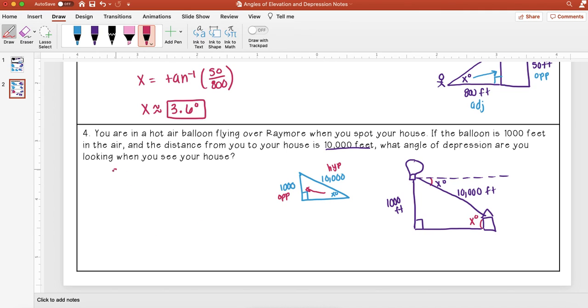So that means I want to use SO here. So I'll have sine of my angle, which I don't know, so it's just labeled as x. It's equal to my opposite, which is 1,000, over my hypotenuse, which is 10,000.